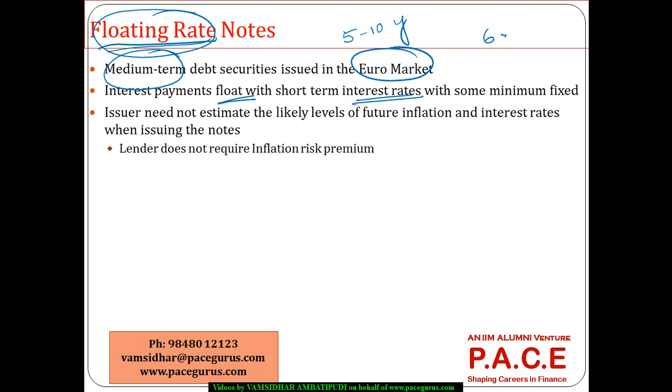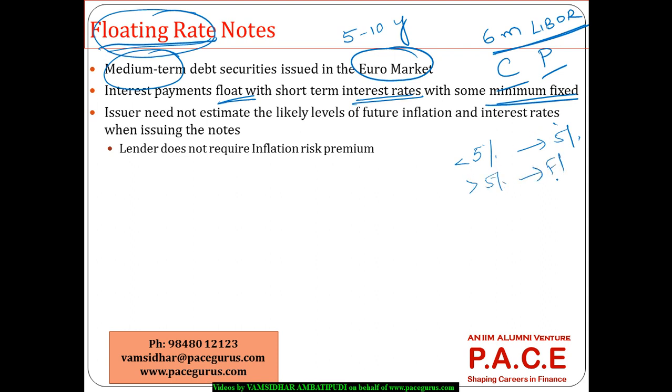Probably the base could be a 6-month LIBOR. So depending on how the 6-month LIBOR is changing, the payments, both the coupon as well as the principal payments, will differ. And in some cases, there could be some kind of a minimum. Probably if the interest rate falls below 5%, you still have to pay a 5% coupon. Anything above 5%, it should be floating.